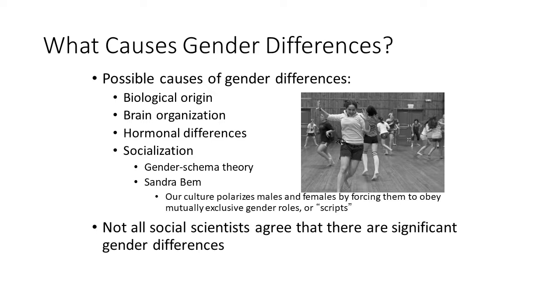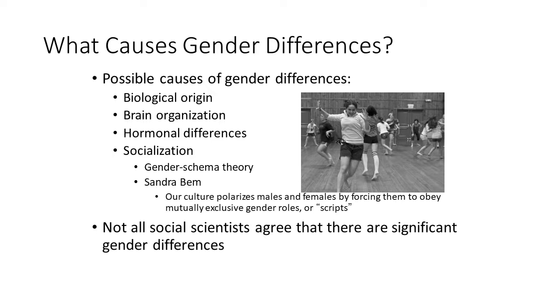According to the gender schema theory, once children have formed a basic gender identity, they start to develop gender schemas. And these are based on children's interactions and observations of others, their environment, and the culture.